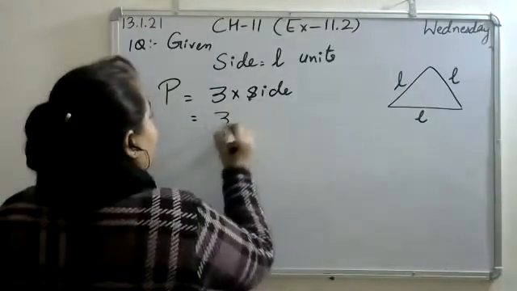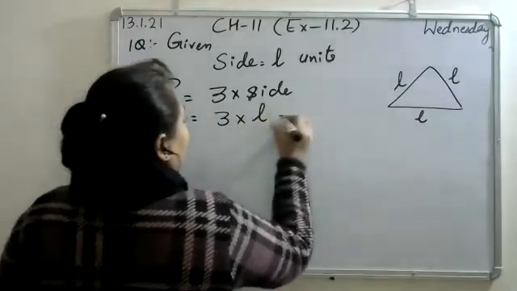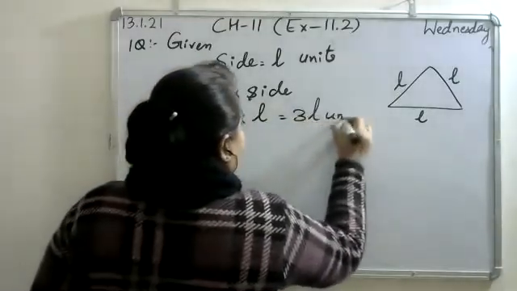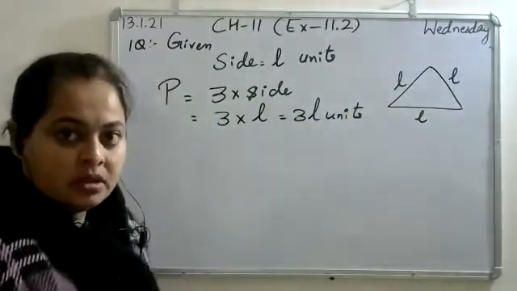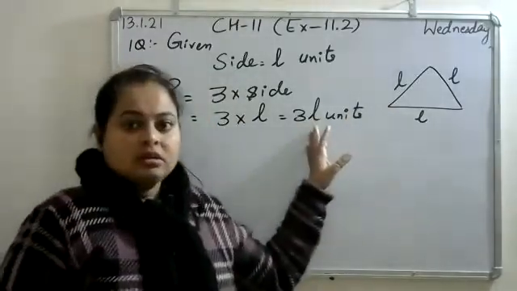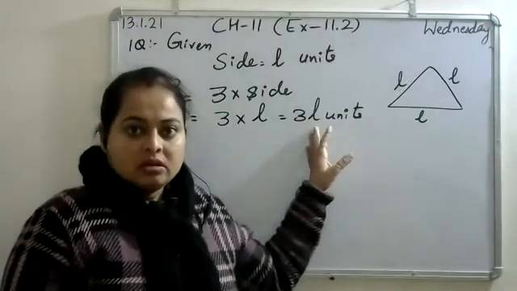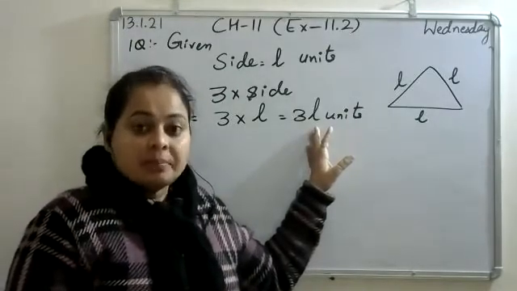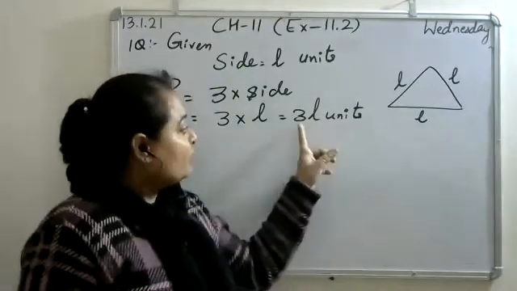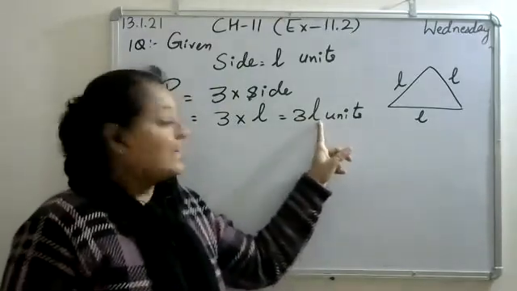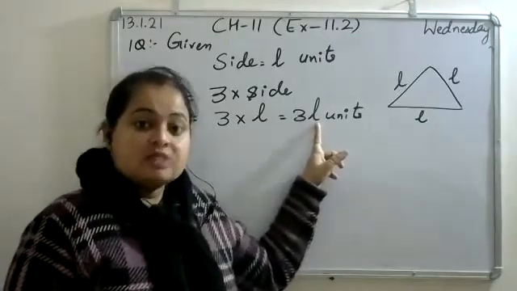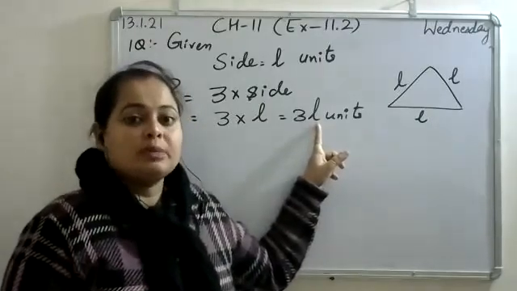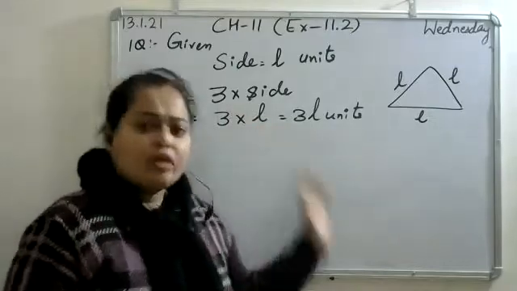So 3 multiplied by L and you will get 3L units. Like this you will solve the sum. This is algebra. How? Because we have a number as well as a variable. This variable will indicate that this question is based on the concept of algebra, and this is a general formula.